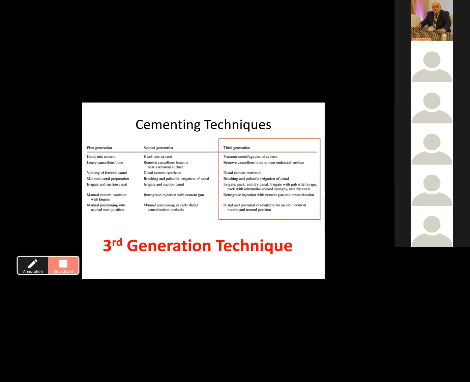Cementing technique is something also to be thinking about. The first generation technique, which is what John Charnley did, they mixed everything in a bowl. They would leave their cancellous bone, they would vent the femoral canal, and then they would hand pack the cement into the canal, and then they would place their stem into that cement mantle. As things have progressed, what we do now that's mainly different is we mix in a vacuum.